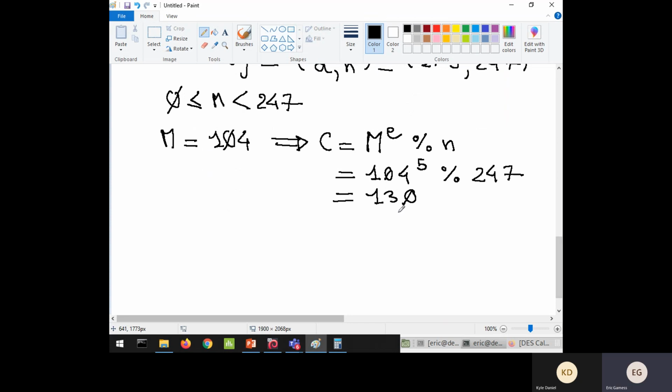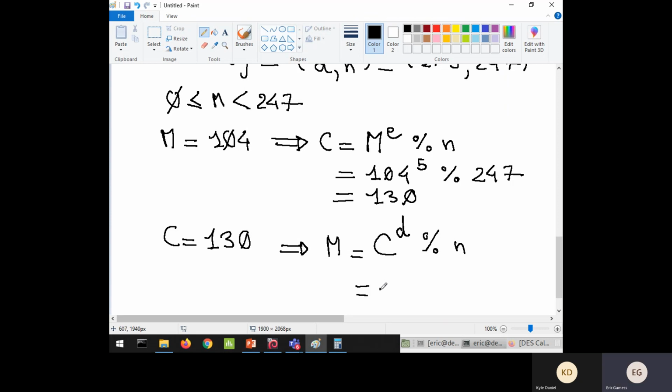Now let's start from 130 and want to come back to 104. Let's say that I receive this 130 and I want to come back to this 104. So the ciphertext is 130. How do I compute the plain text? It will be the ciphertext elevated to the private exponent, modulus the modulus.